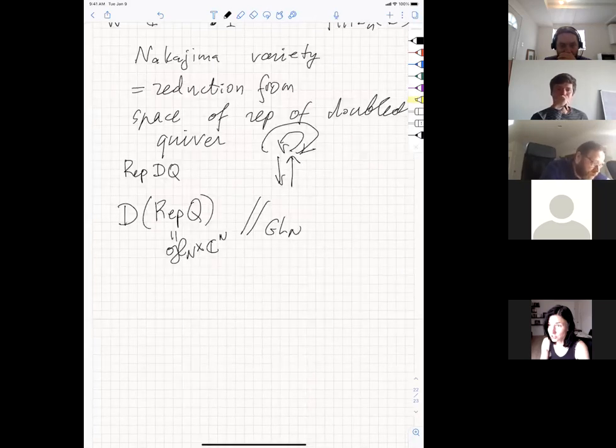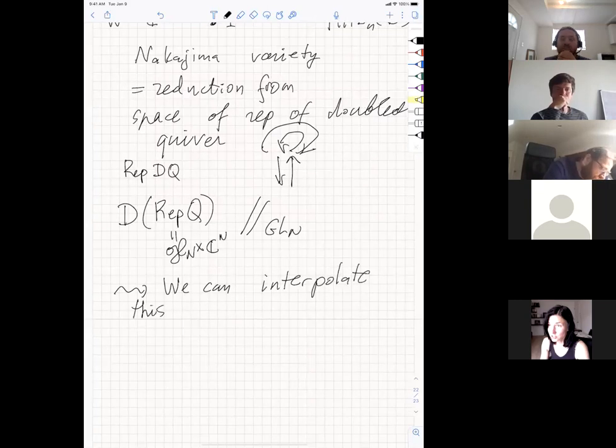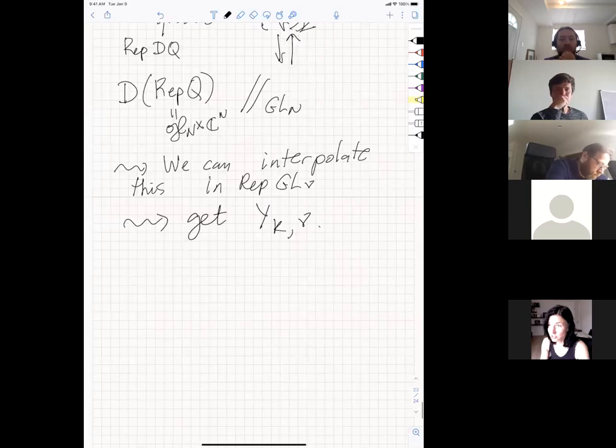And so this procedure can be interpolated. Because it's a purely algebraic procedure, we can interpolate this in Rep GL nu, and then we will get this Yangian K nu. So that's one way of getting it, and this is really the way that is described in Costello's paper.